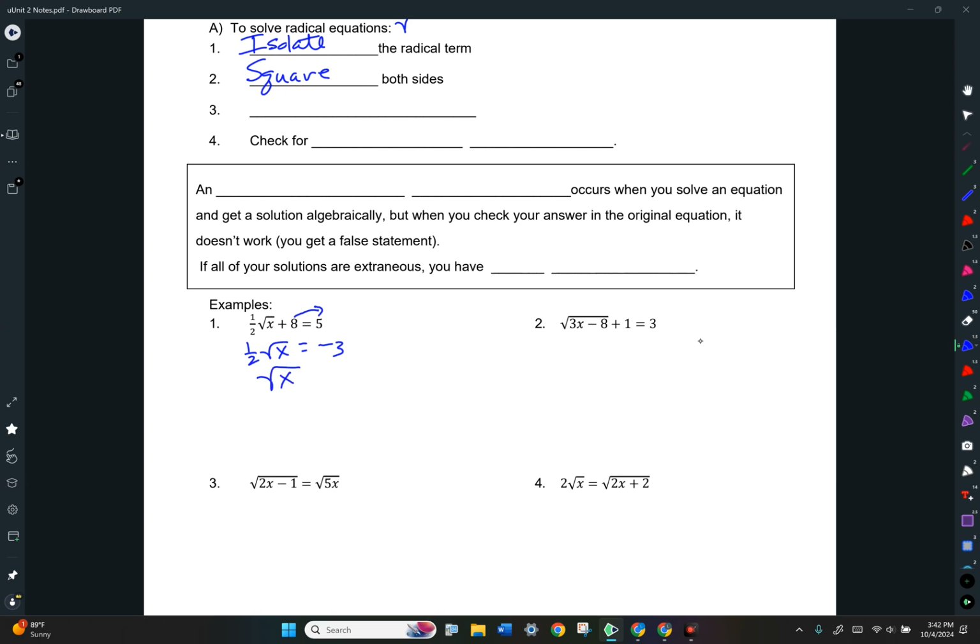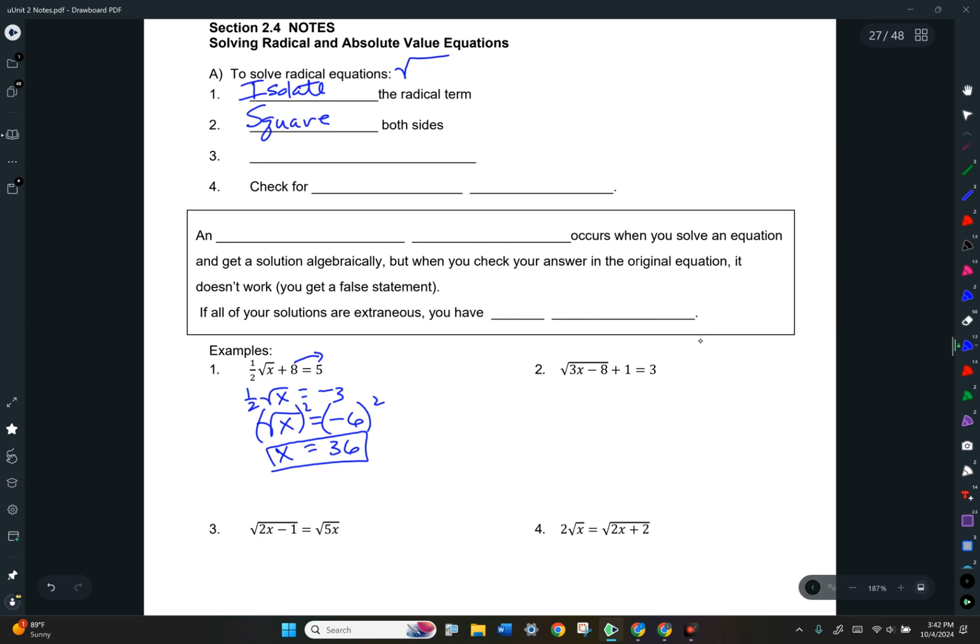So the square root of x equals -6. And then the whole idea is now I can square both sides. So the square root squared just cancels. So x equals -6 squared, which is 36. Now in this case, once I squared both sides, I was done.